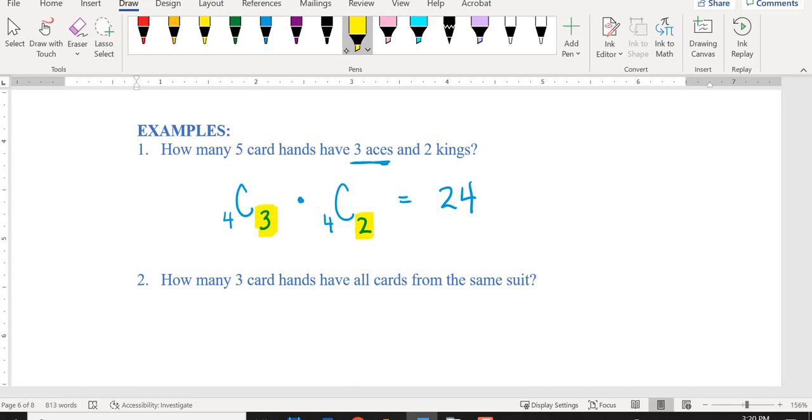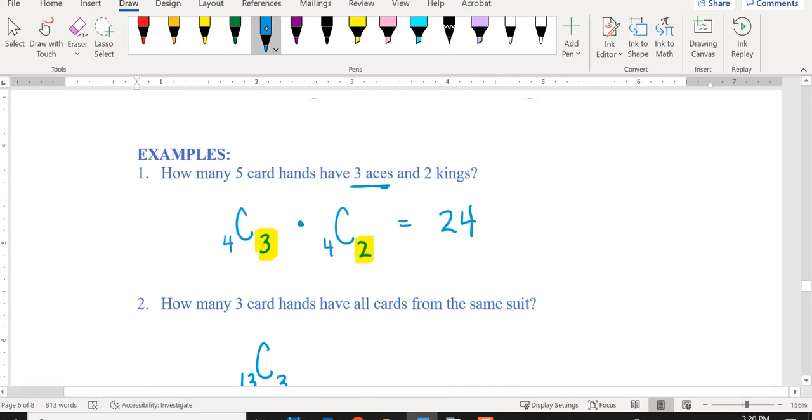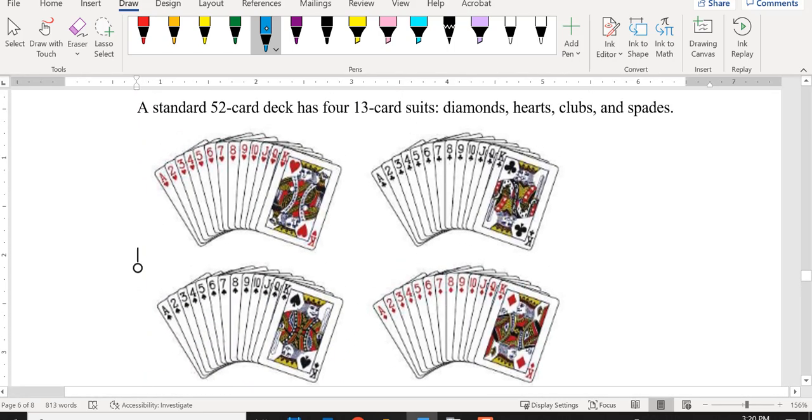All right, number 2. How many 3-card hands have all cards from the same suit? From one suit, there's 13 cards, and you want to pick a 3-card hand. So let's just talk about the hearts.